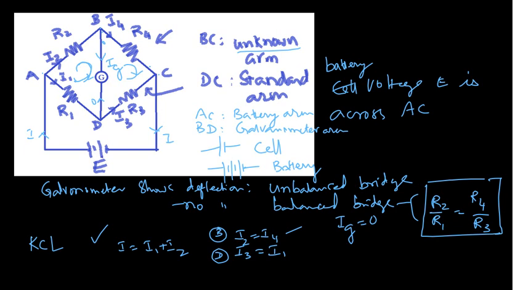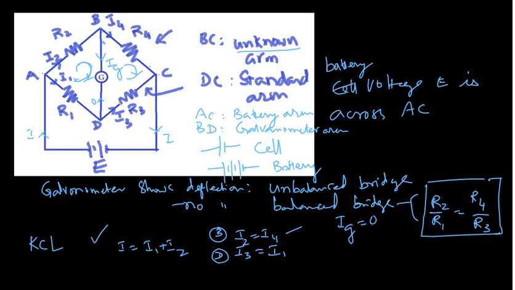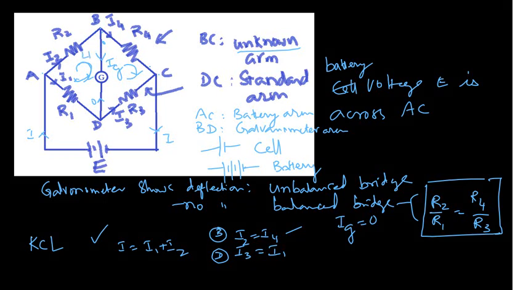Therefore, for this loop, which we will call loop 1, we take minus I1 R1 plus I2 R2, because this direction is the same, plus 0, because there is no voltage here.